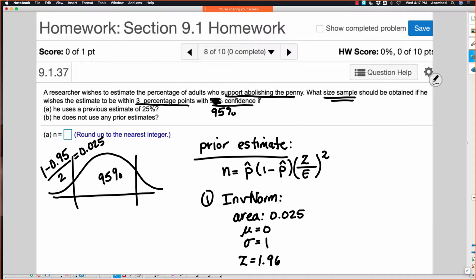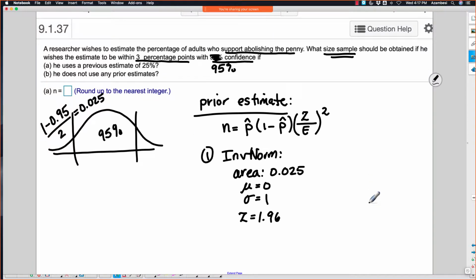So then moving on to actually calculating the n value, in the first part of this problem, we're using a previous estimate of 25%. So n is equal to 25% or 0.25 times 1 minus 0.25. The z value we pulled from our calculator, 1.96. And then the error on the bottom is where you want to be within.